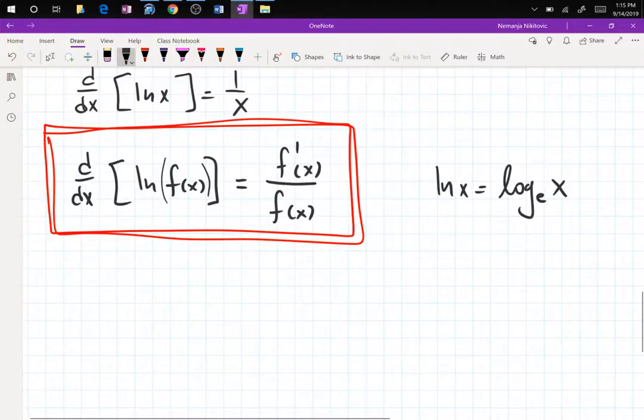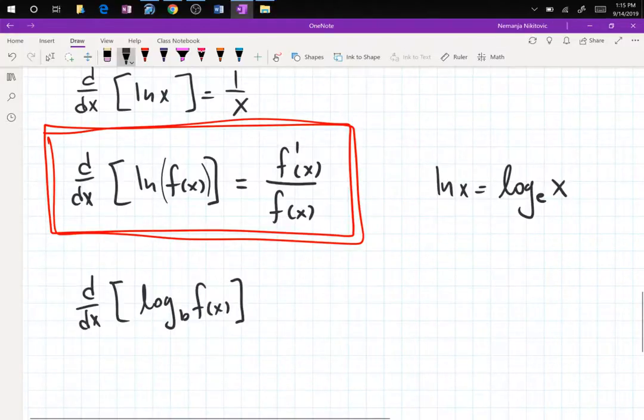So now we're looking for that Calc 2 upgrade on this derivative, where we are going to involve any base b. That's where we get the derivative of log base b of any function f of x. This is the same way we dealt with the exponential earlier, replacing e with b.